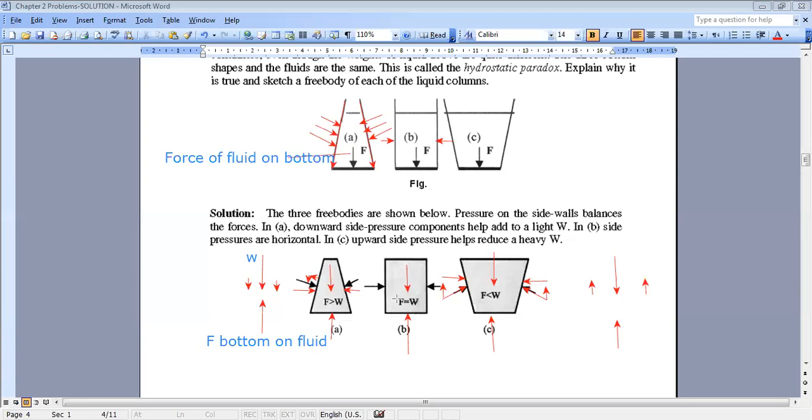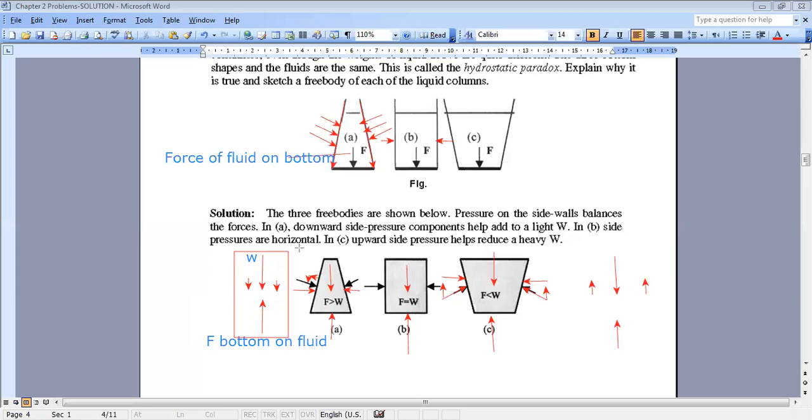Okay. The difference is that if you look here at your forces, for equilibrium, you should have the sum of forces equal to 0, yes or not? Yes. Okay. So here you have the weight downward, and these two forces downward.